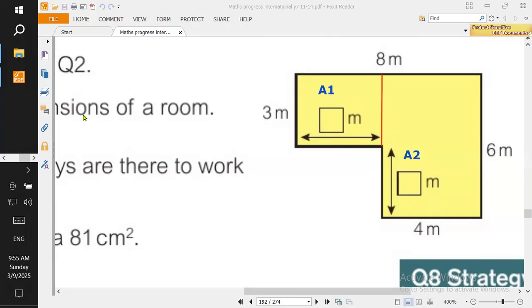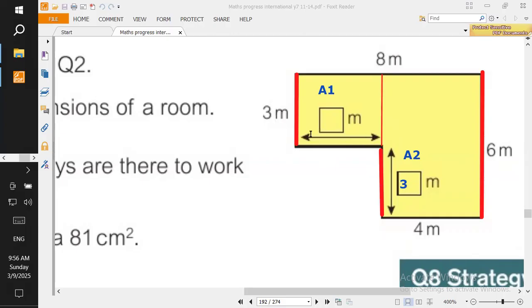First, we can see that this 6 here, the one on the right, is opposite to this 3 and this line. This means what? It means 6 minus 3 will give me what? Will give me this 3. So I'm going to write it here. So this one is 3 meters.